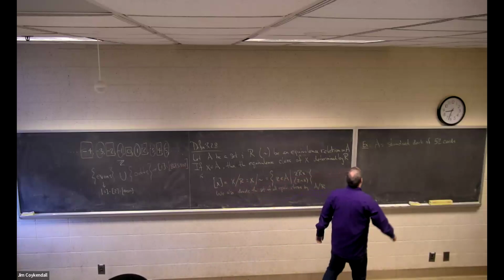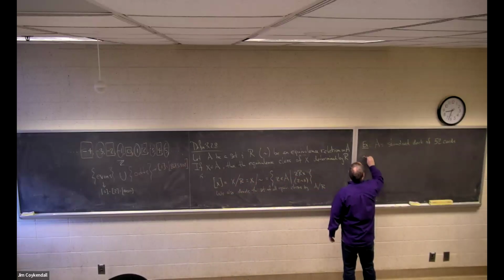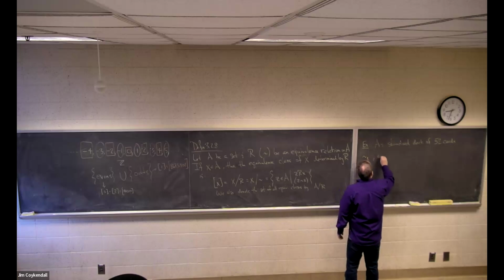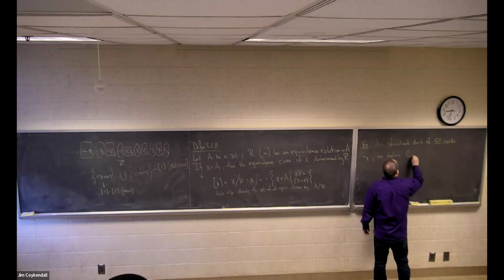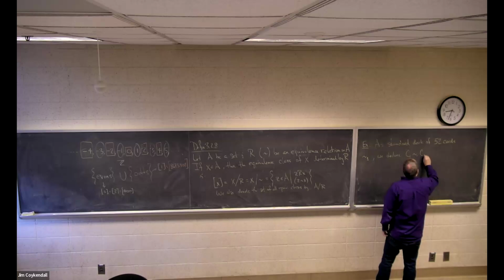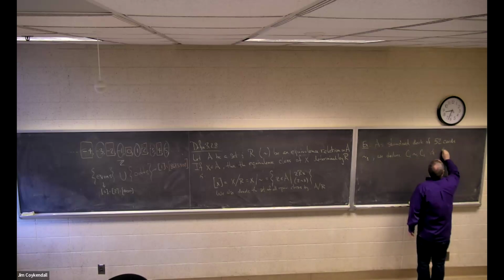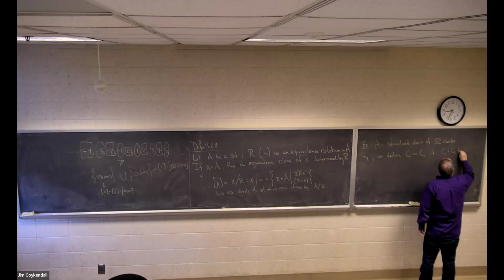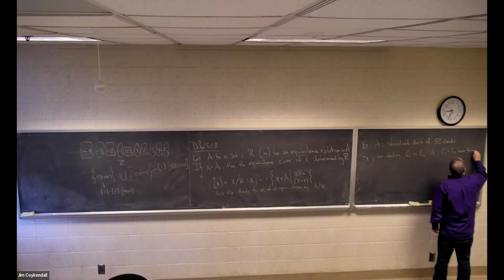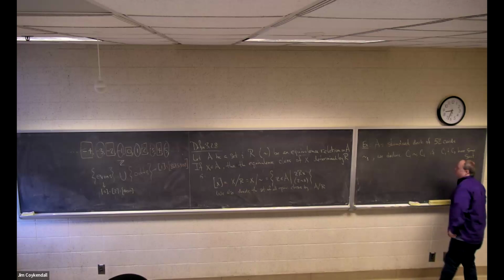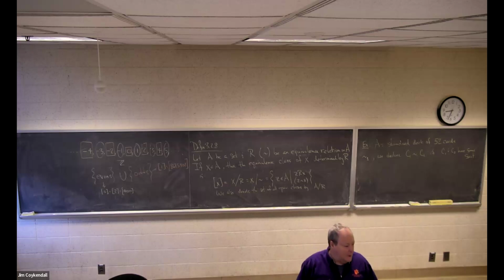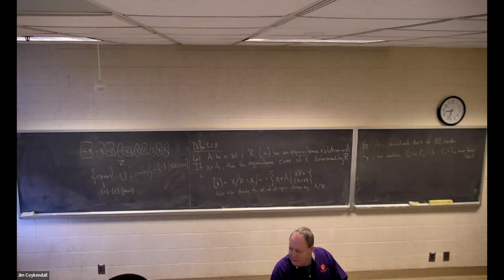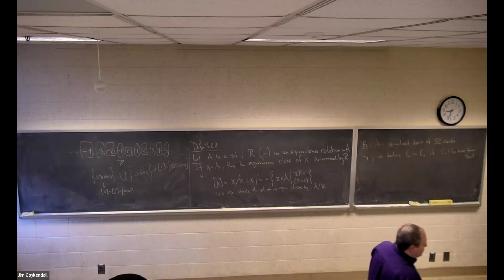Declare card 1 be equivalent to card 2 if C1 and C2 have the same suit. So in my collection of 52 cards, I'm gonna declare the two cards are equivalent if they have the same suit. Both clubs, both diamonds, whatever, right?